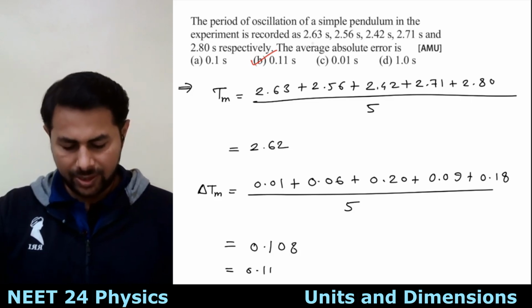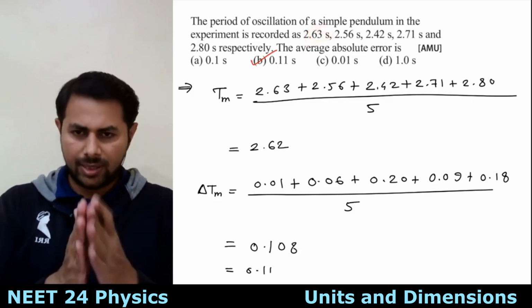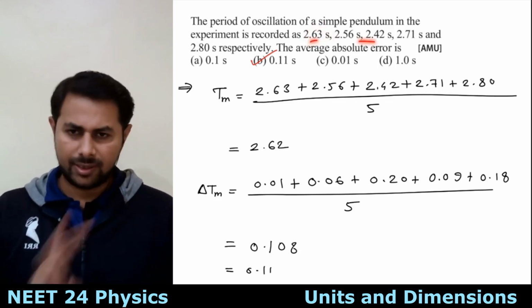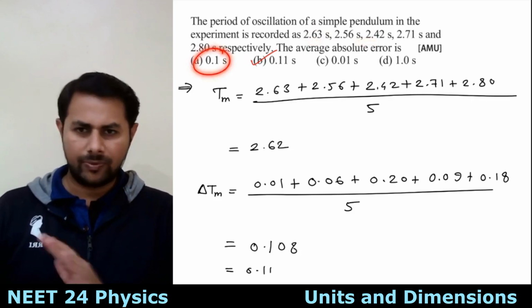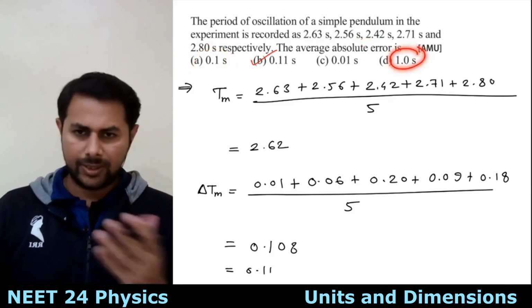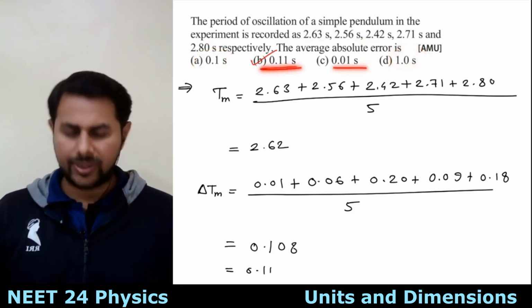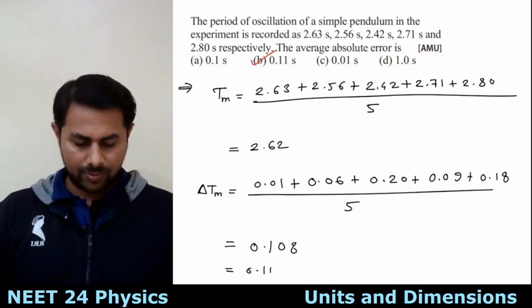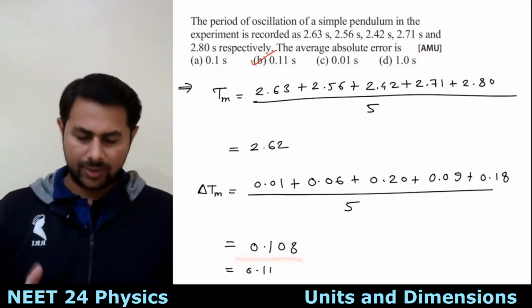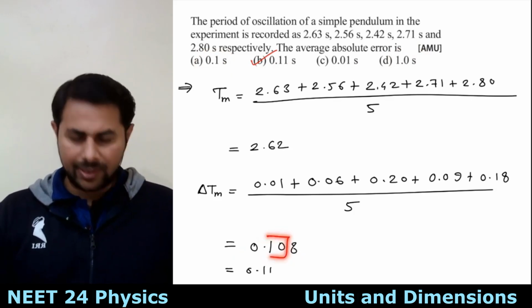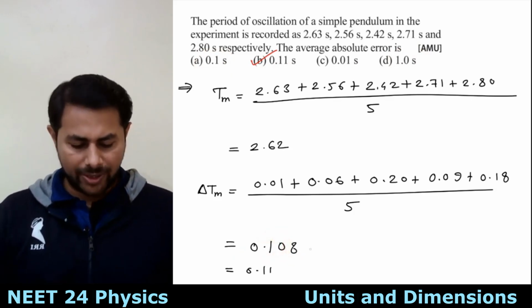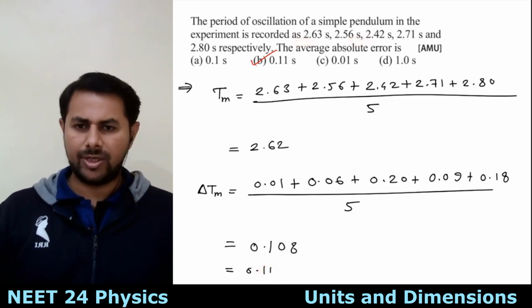Okay, actually the error should have the same resolution as that of the reading, that's the first rule. Okay, so 0.1 doesn't have, 1.0 doesn't have, so it has to be between this one and this one. So my calculation is 0.108, and I am rounding it up to the same significant digits after the decimal point as that of the readings, so that's why it is 0.11.